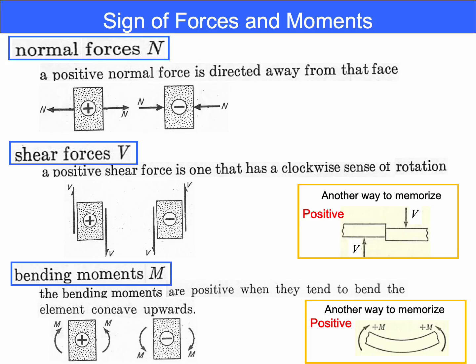So it looks like the rotation of a screw going forward like this. And if its effect is opposite, it is defined to be negative. So this is positive. If you look at the right side, it goes down, and the left side goes up. So this is defined to be positive.